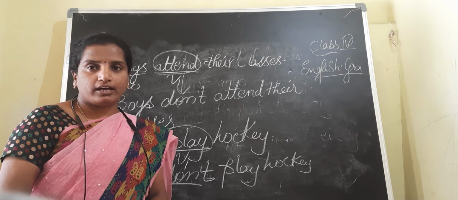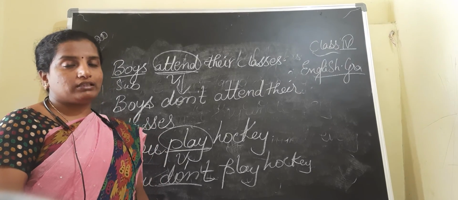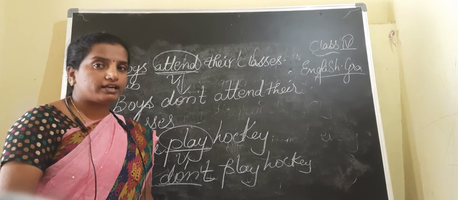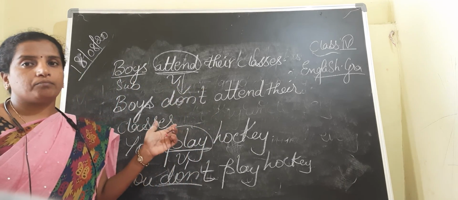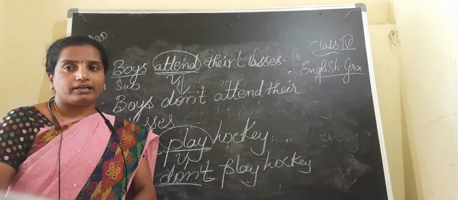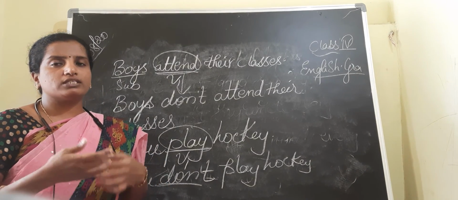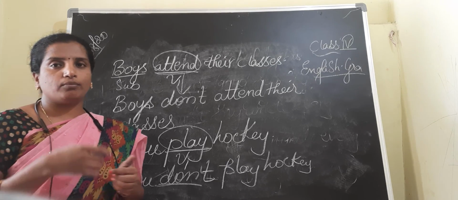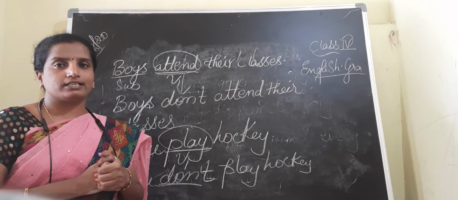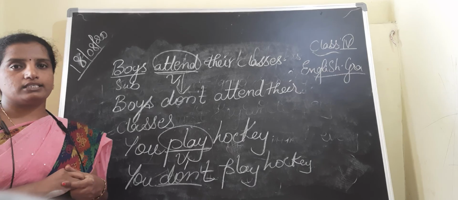Meaning, if there is s or es with V1, what do we have to do? If there is V2, what do we have to do? Okay, children. Revise the topic once, listen to the topic carefully, and practice a few more sentences regarding the negative forms and the question form with the helping verb. Is it clear, children? Okay, have a nice day all of you.